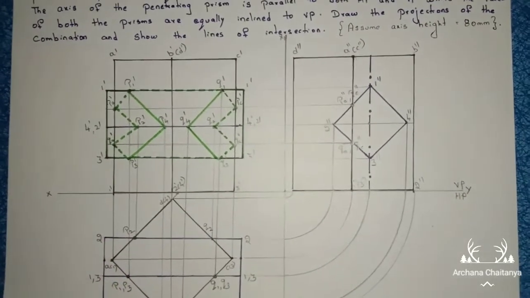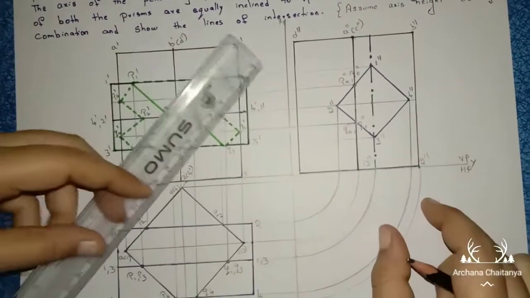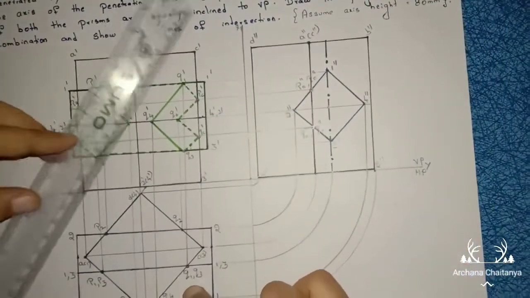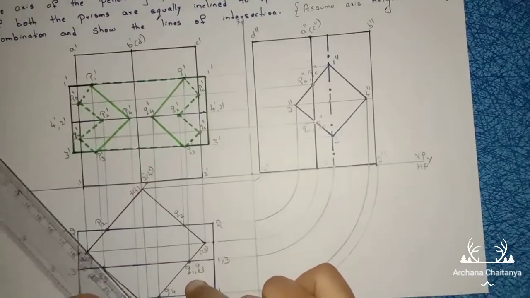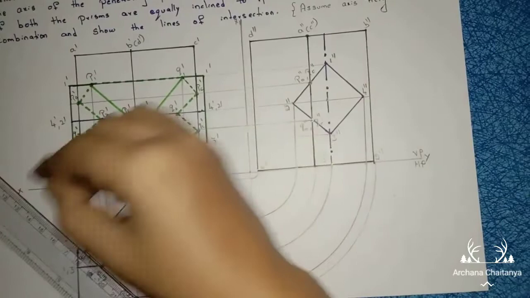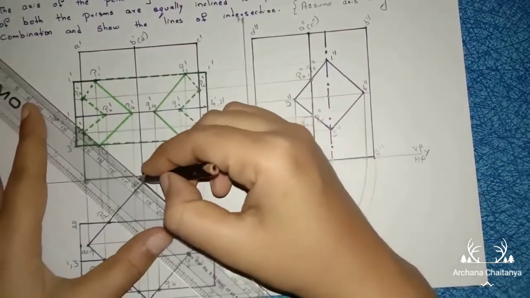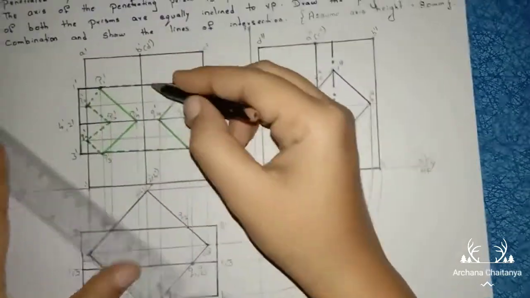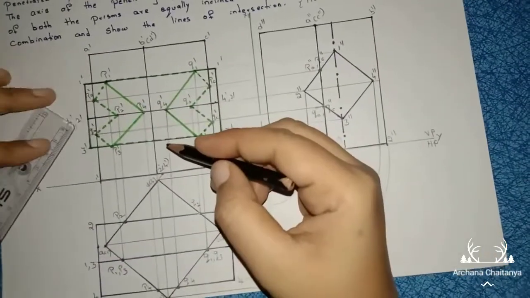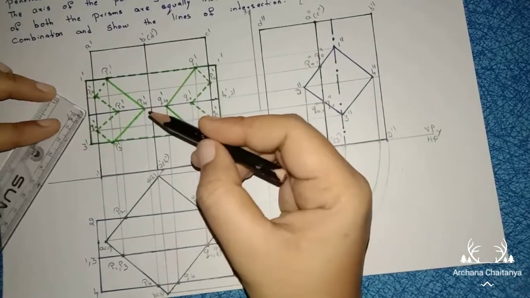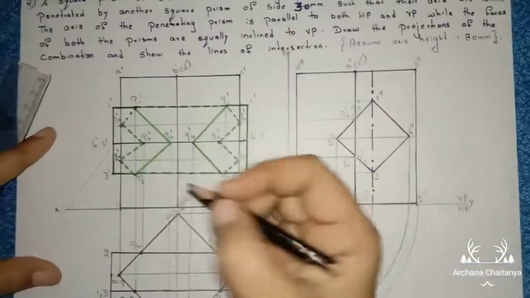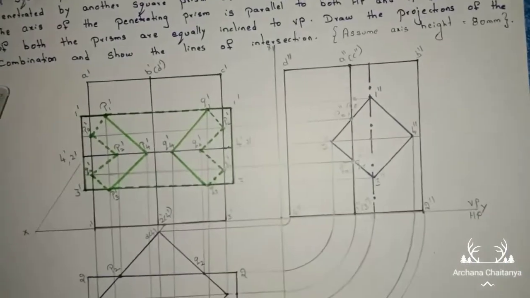So let us mark the dimensions. In this question they mentioned length of the square, this one is 50 mm. So I will mark here, draw the extension line. Here they mentioned length of the square is 50 mm, so it is very far it seems.